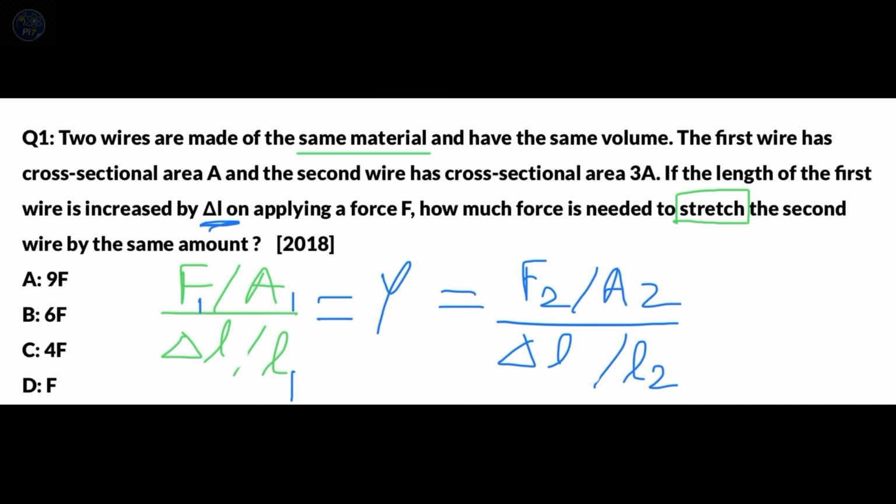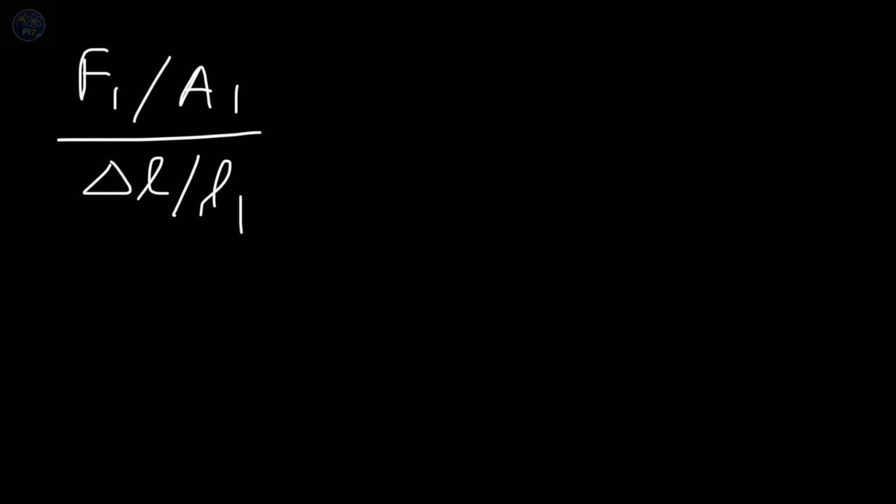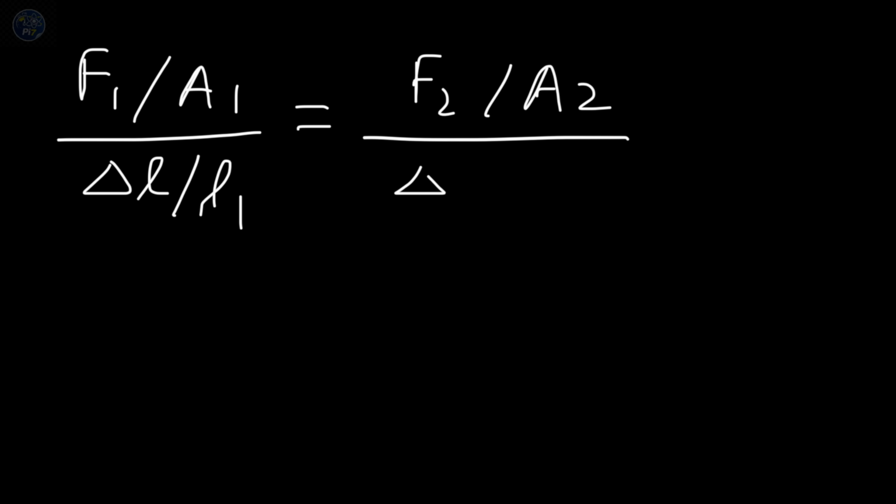Now if this is my equation 1 and this is my equation 2, if I divide or equate both equations 1 and 2, I'll get something like this equals F2 upon A2 into delta L upon L2. So this delta L I can cancel from both sides.